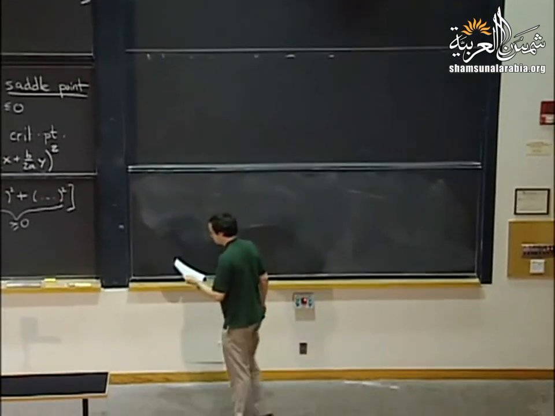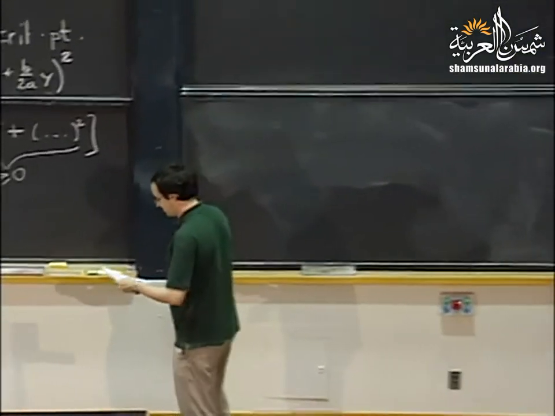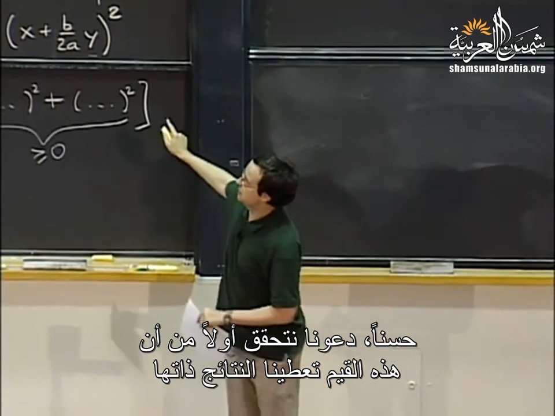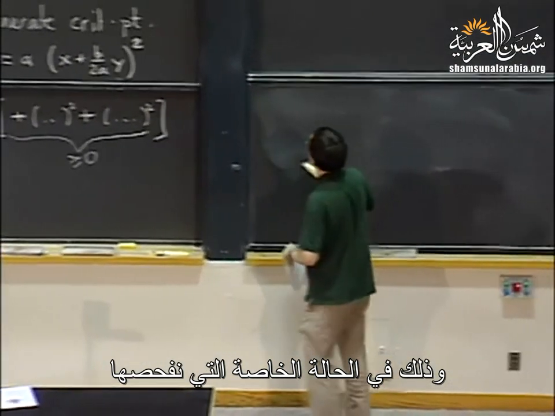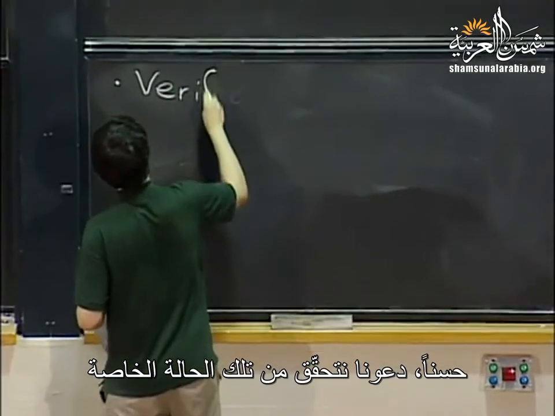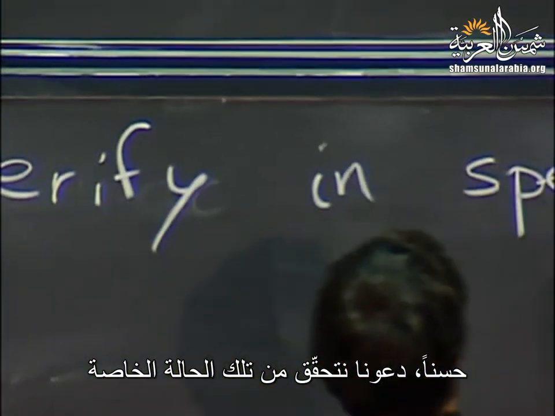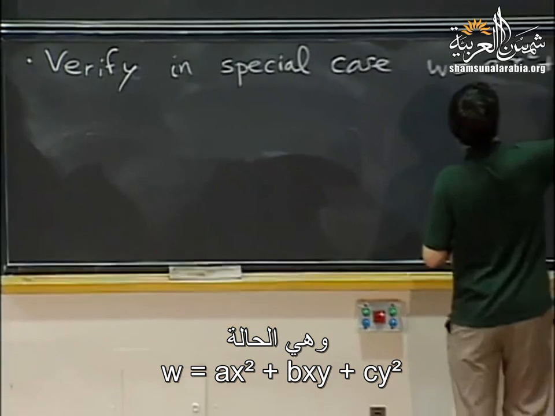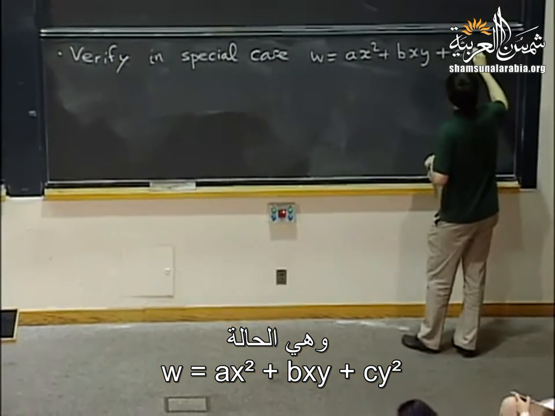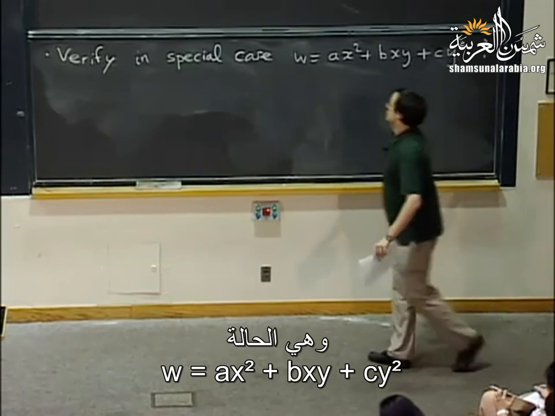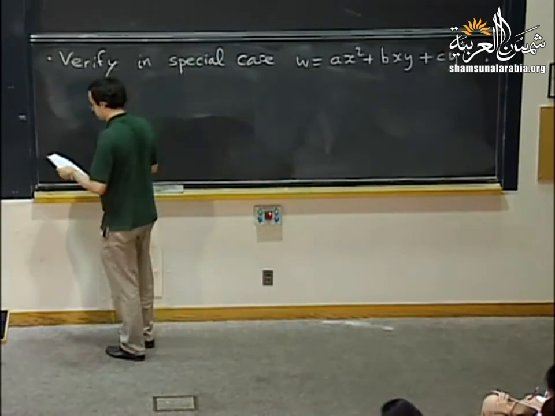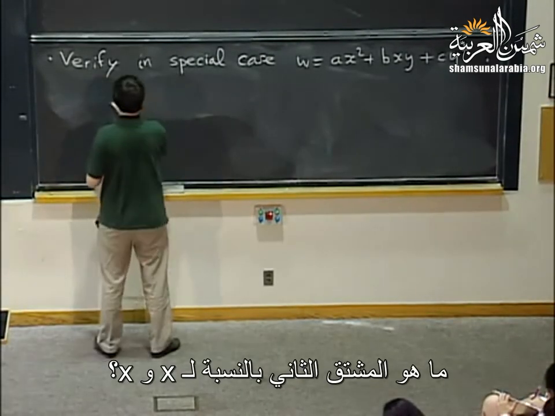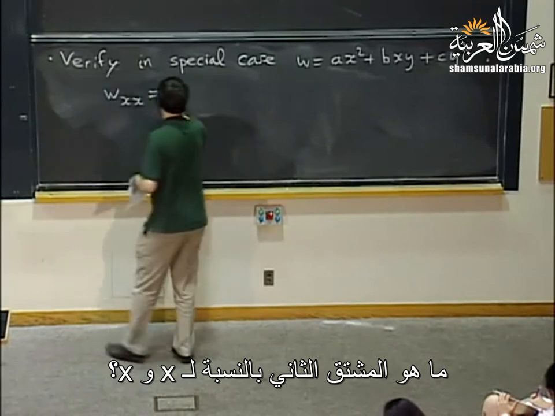Okay, so first let's check that these two things say the same thing in the special case that we were looking at. Okay, so let's verify in the special case where the function was ax squared plus bxy plus cy squared. So, well, what is the second derivative with respect to x and x?